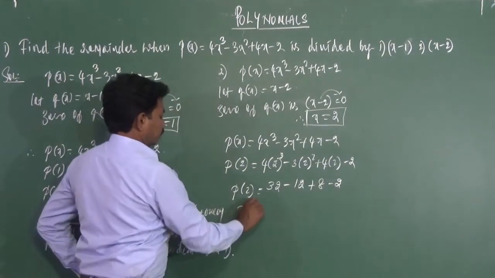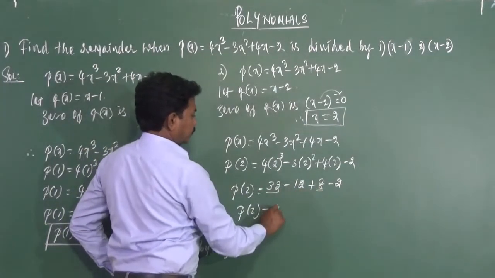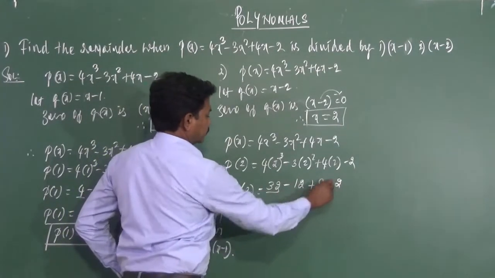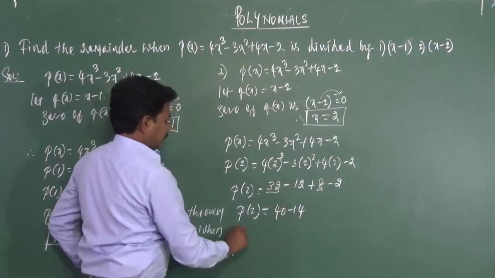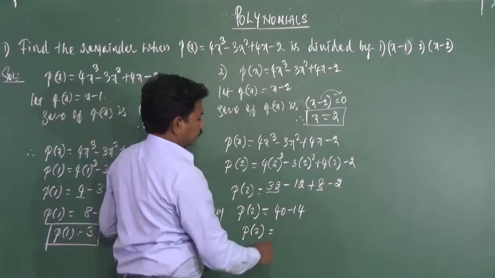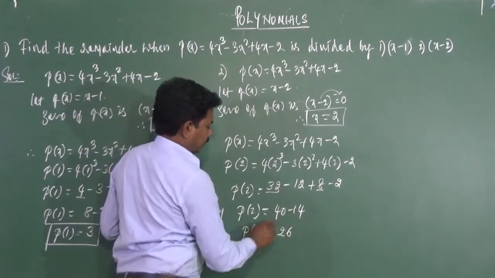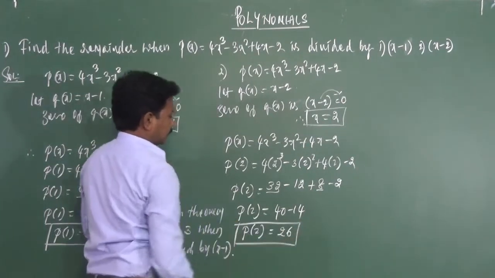So p of 2 is equal to 32 plus 8 is 40, minus 12 minus 2 is minus 14. So p of 2 is equal to 40 minus 14: 40 minus 10 is 30, 30 minus 4 is 26. Okay, so p of 2 is 26.